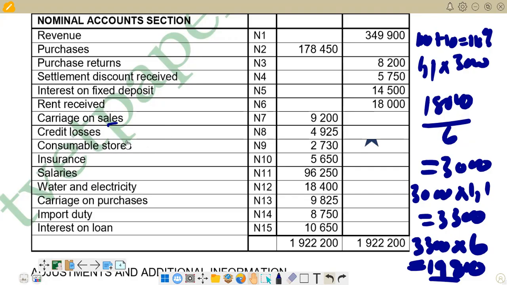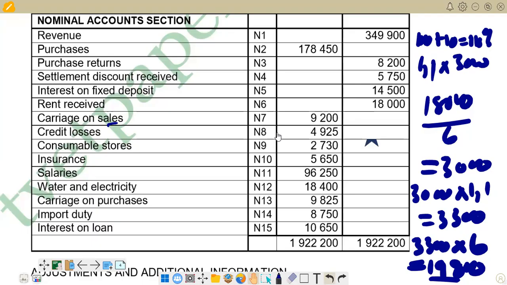We can also check if we have any other income besides that one. We are not going to include this under the calculation of allowance for credit losses, because these are already credit losses, or we can rather call them bad debts.